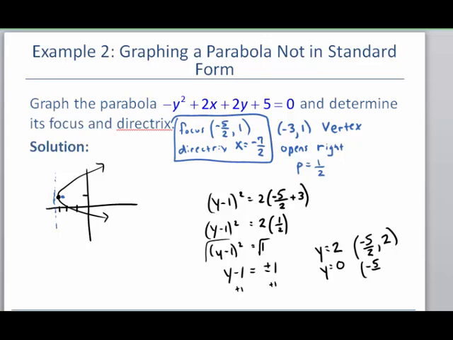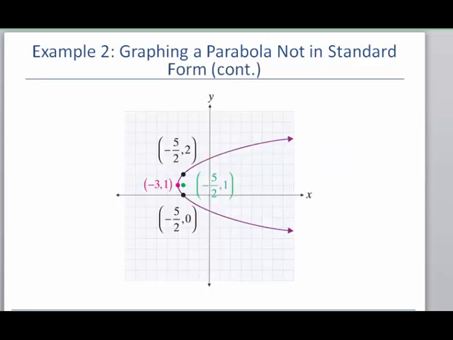And we're going to plot an x value of -5/2 and a y value of 0. And that will enable us to determine the actual shape of that parabola. I'll go ahead and show you what that's going to look like. We can see that they have plotted those 2 points, the -5/2 and the 2, the -5/2 and the 0, which allows us to go ahead and draw a picture of that parabola.